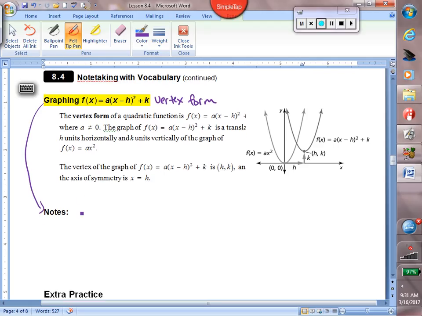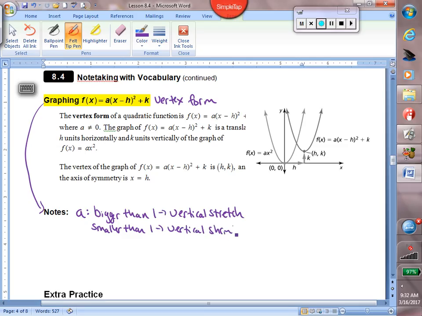The a value, I want to start with the a value. If the a value is larger than 1, so if a is bigger than 1, we saw in section 8.1, it caused a vertical stretch. Our graph got skinnier. We stretched it out vertically. If our a was smaller than 1, we had our vertical shrink, or if you like the word compression, either one.